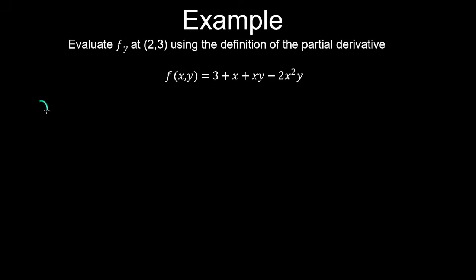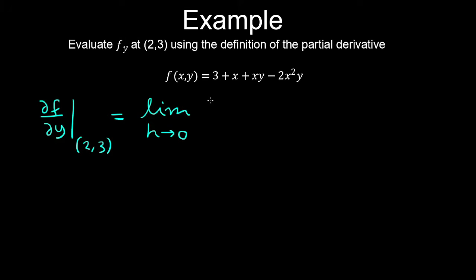Let's evaluate the partial derivative of the function f with respect to y at the point with coordinates 2 and 3 using the definition of the partial derivative. So we take the limit as h approaches 0 of the difference quotient. So first we have the function of x being held constant and y being the variable.